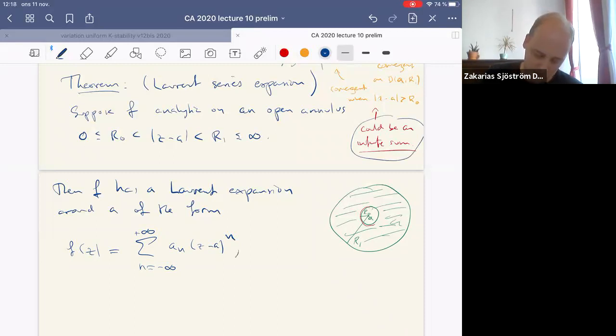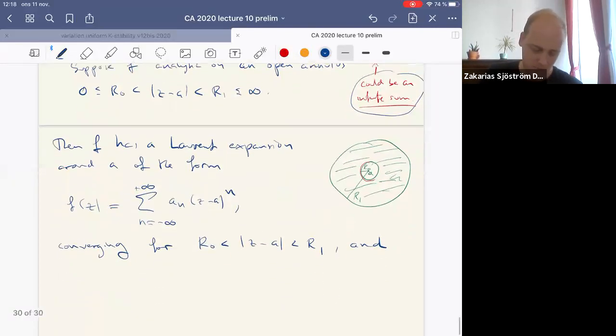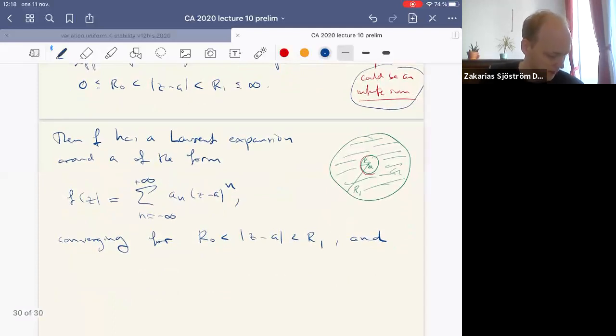So it has this, and this converges for R0 less than the absolute value of z minus a less than R1, so it converges on this annulus, basically. And we also have, similarly to earlier, a formula for the coefficient, which is given by the following.